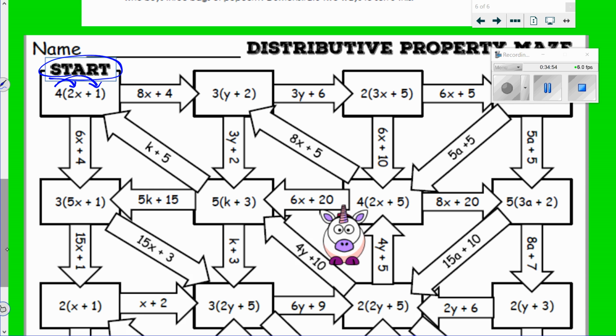So 4 times 2x gives me 8x, plus 4 times 1 gives me 4. By writing the answer in the box before I look at the options, that should keep me straight. So one of the arrows coming out is going to include that. I'll color in that arrow, and I go to the next box, okay? That's all there is to it, pretty simple.